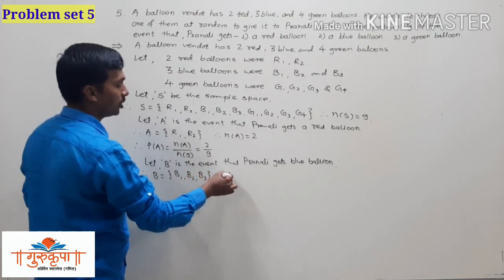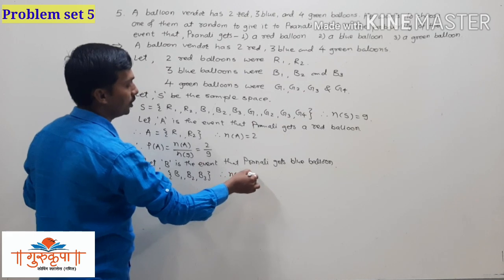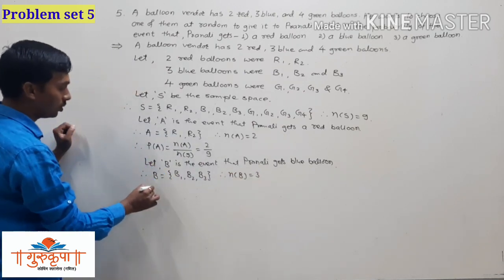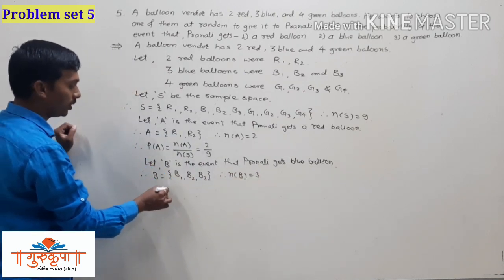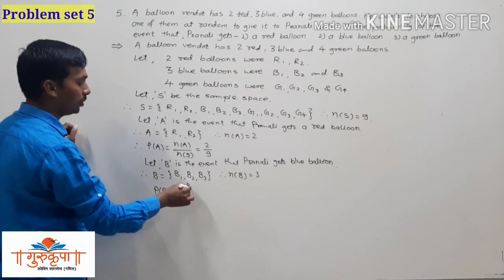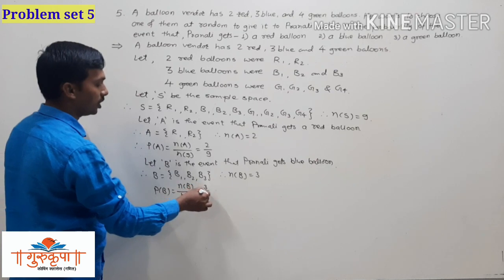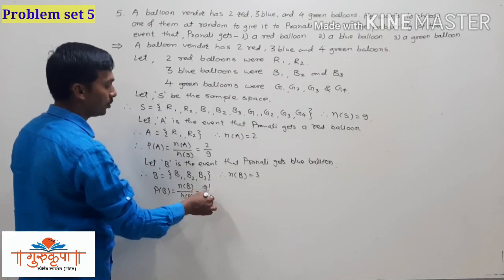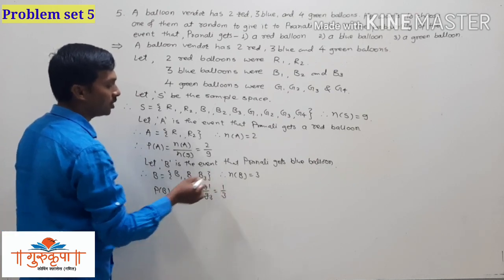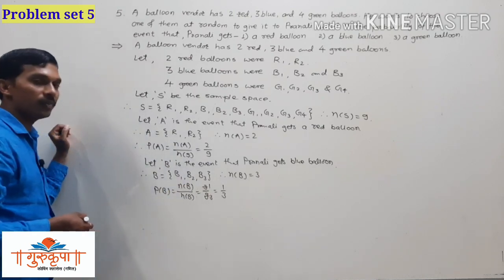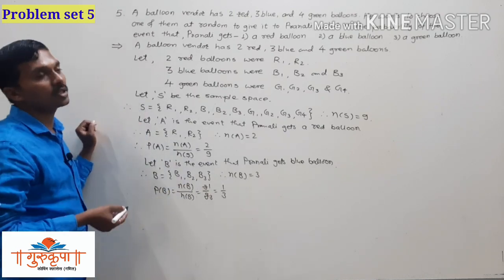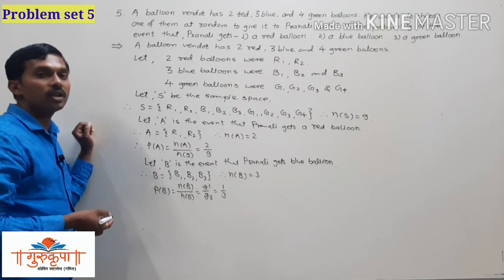We have 3 elements in all. So number of B is equal to 3. So the probability of the event B is equal to number of B upon number of S, that is 3 upon 9, which is equal to 1 upon 3. 3 1s are 3, 3 3s are 9. So the probability of the event B, that is Pranali gets a blue balloon, is 1 upon 3.